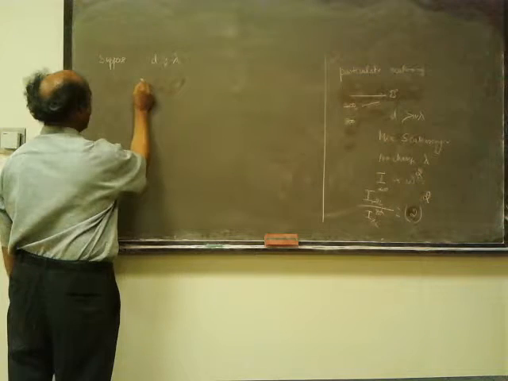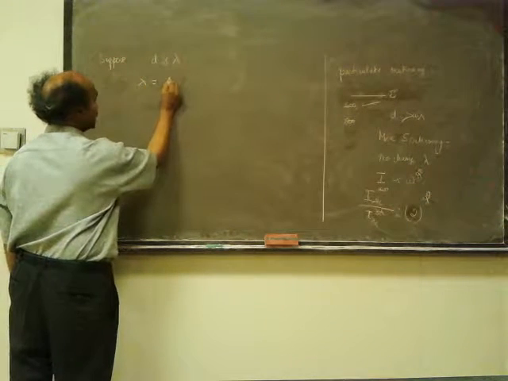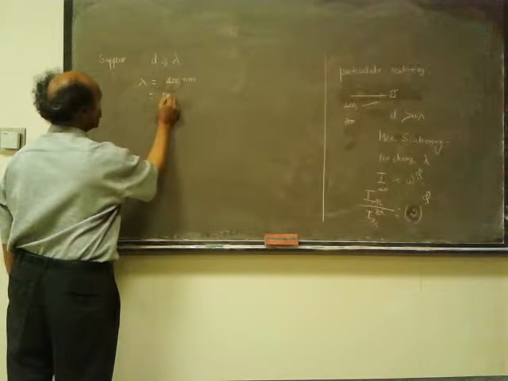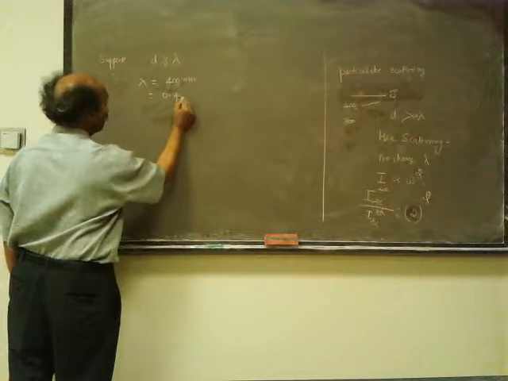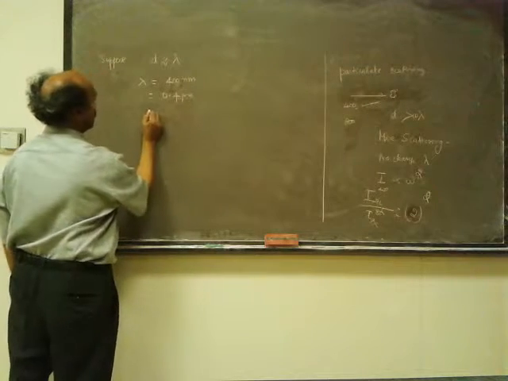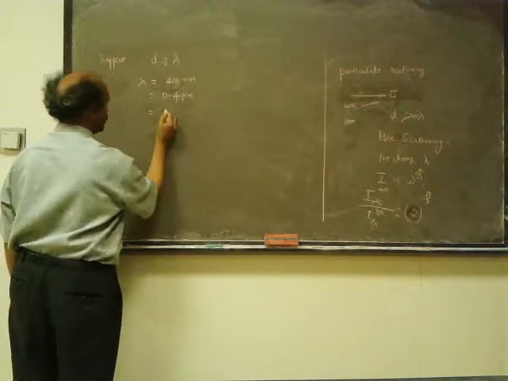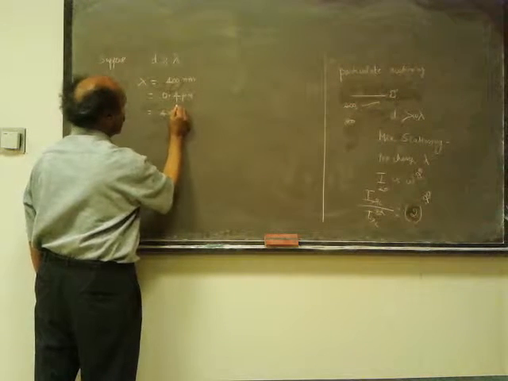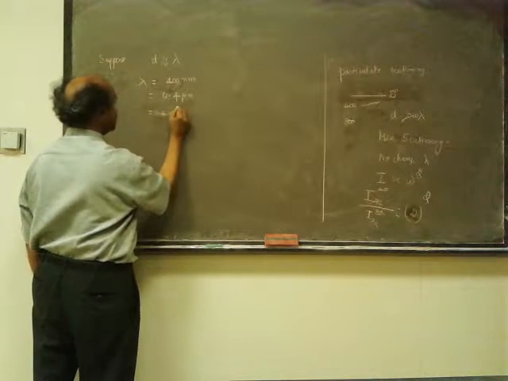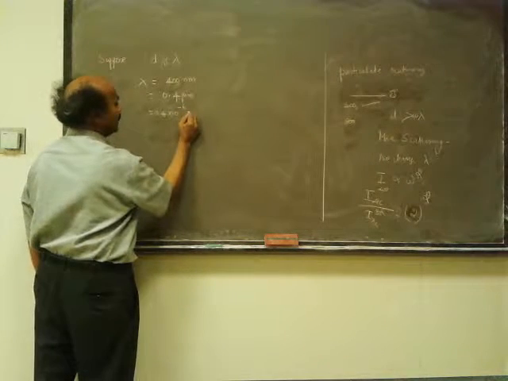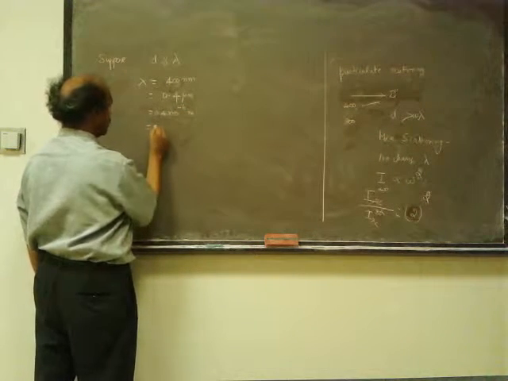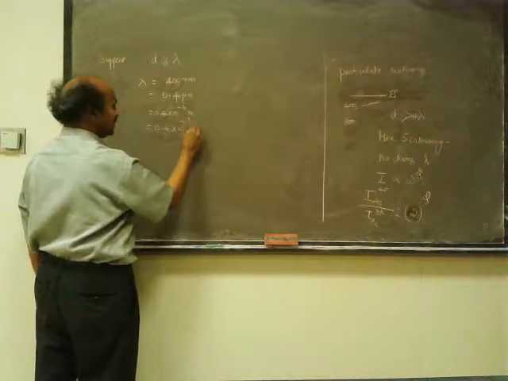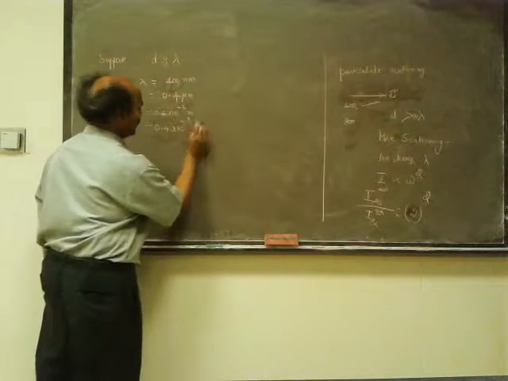For example, lambda is, let us say, 400 nanometer. This means 0.4 micrometer, or 0.4 into 10 power minus 6 meter, or 0.4 into 10 power minus 3 millimeter.